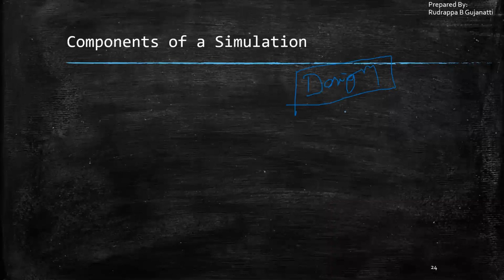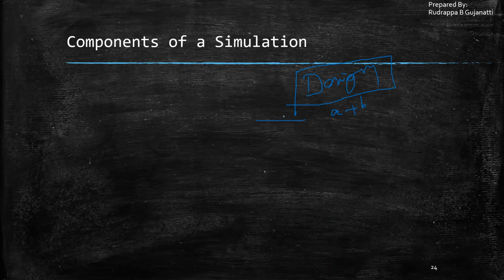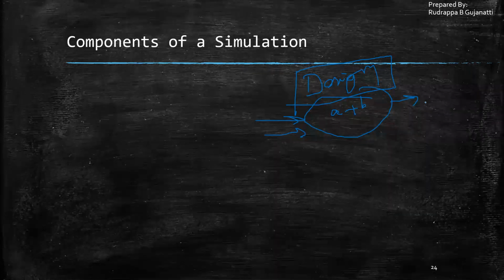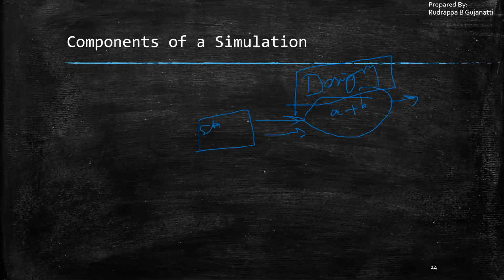So what is this design doing? It is doing something like A plus B, which is an adder. Now I have to give several inputs to this and see whether I am getting the expected result or not. So how do I provide the input? I give some stimulus to this. I stimulate it.